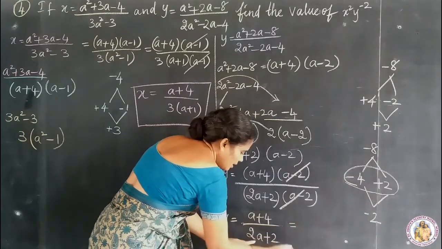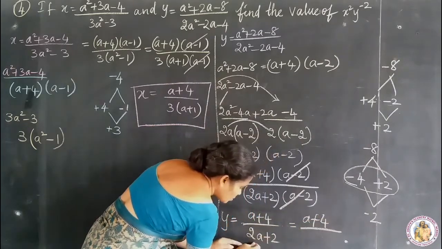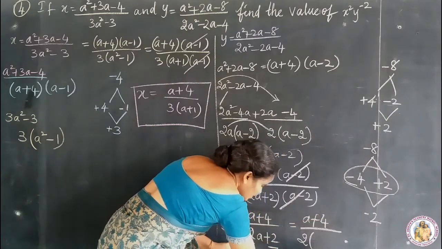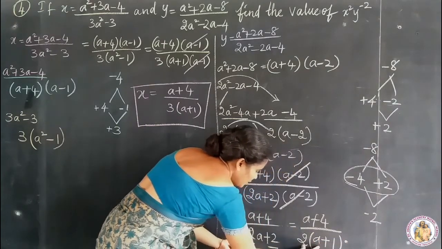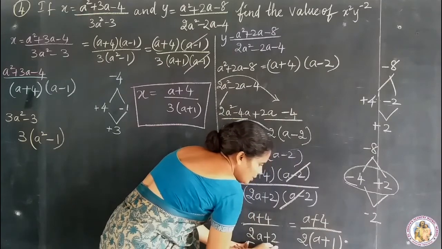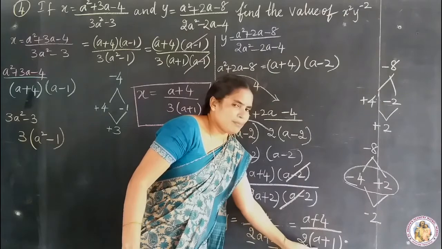Here you can see 2 is common. So a plus 4, 2 is common, taking 2 outside the bracket, a plus 1. Okay, 2 into a, 2a, 2 ones are 2. So value of y is equal to a plus 4 divided by 2 times a plus 1.